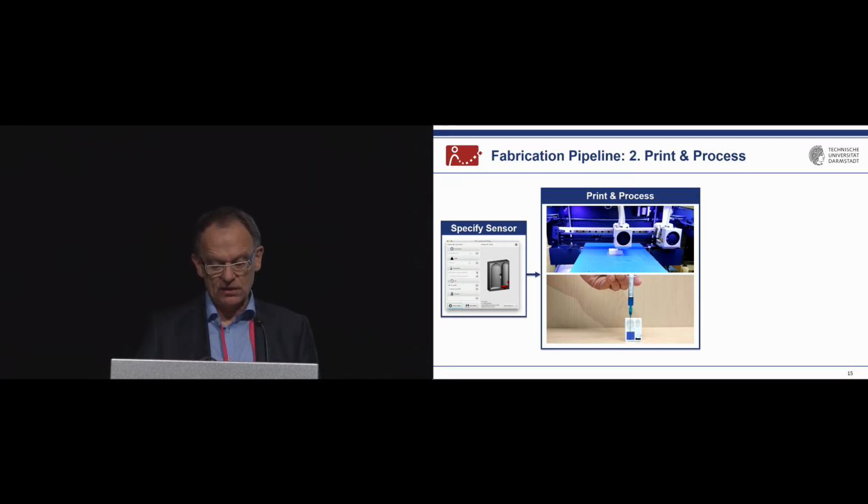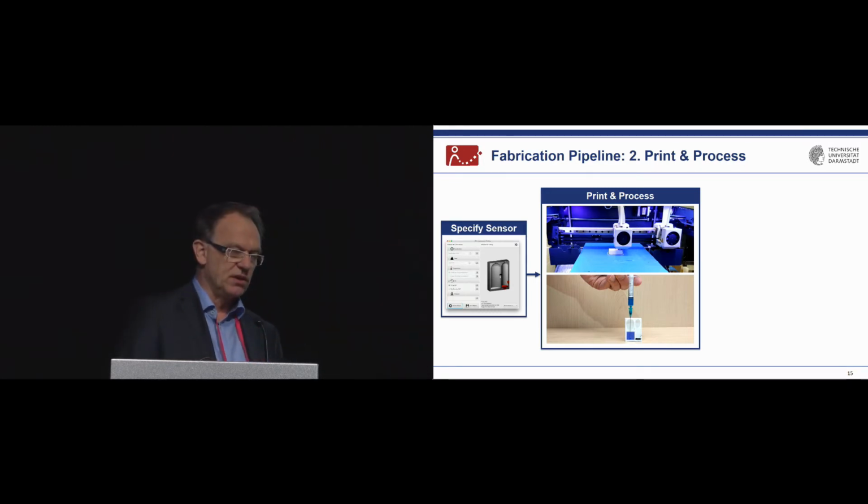As to inserting the liquid, of course, printers could be built that do that automatically. Right now, they don't come off the shelf, so there's two possibilities. Either you stop the printing process for a moment, inject the liquid, and then continue the printing process so that the sensor can get sealed. For some of the sensor types, it's also appropriate to inject the liquid after the printing process using a needle, as is depicted in the lower part of the picture.